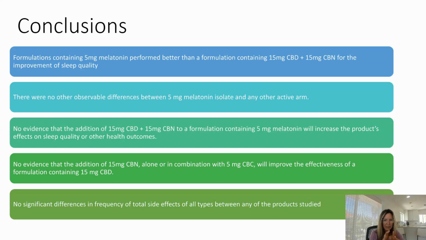So we had pretty equal effects on sleep, but we do have to emphasize we did see a benefit in all of them. There was no evidence that the addition of 15 milligrams of CBN alone or in combination with 5 milligrams CBC will improve the effectiveness of CBD. So when we combined them, we didn't really see any. And there were no significant differences in side effects, as we mentioned.